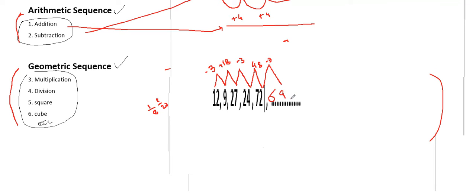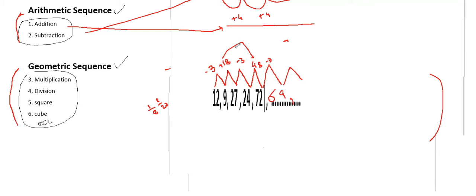Now to find the next one after 69 is a little bit difficult, because we have to see this gap. Between 18 and 48 is a gap of 30.